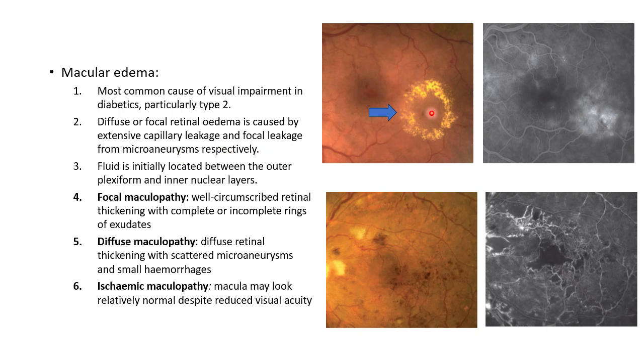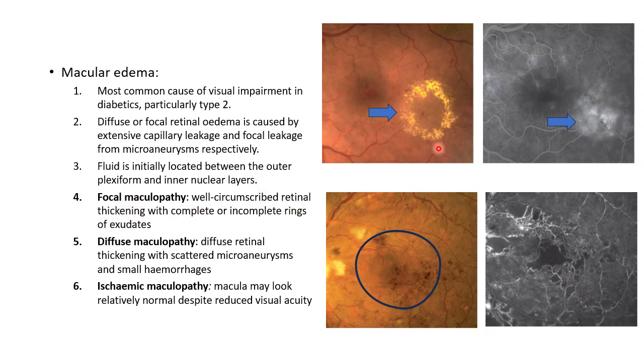So you see at the center there are these groups of microaneurysms, and the whole circle of hard exudates surrounds them. This is an angiography of the retina. In the same picture, when the fluorescent dye is injected, you see that these vessels are leaking out. Then this one. Fluid is initially located between the outer plexiform and the inner nuclear layers.